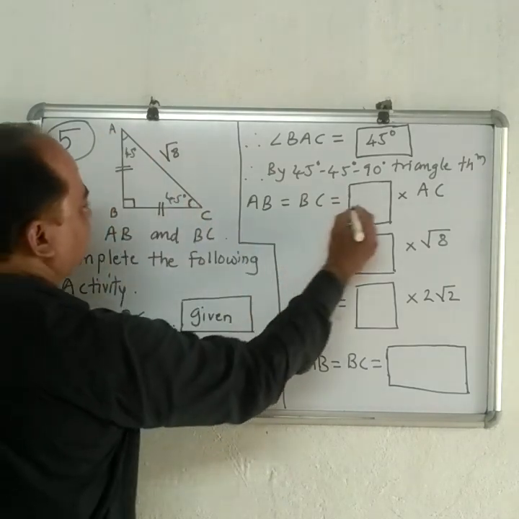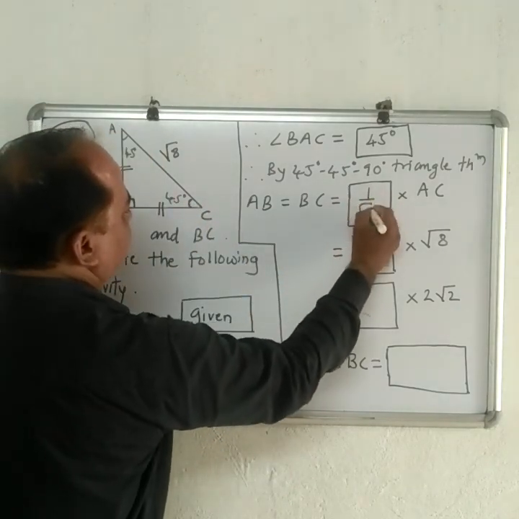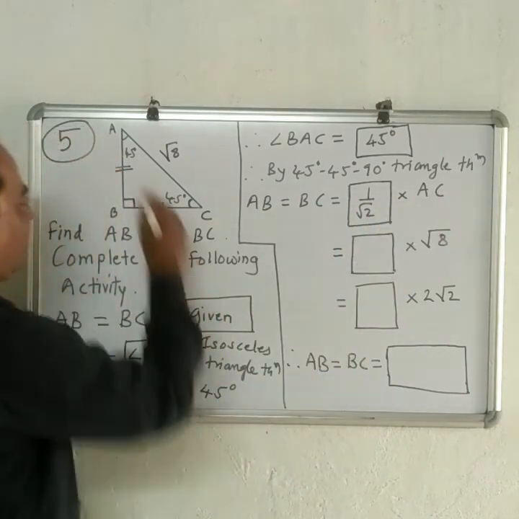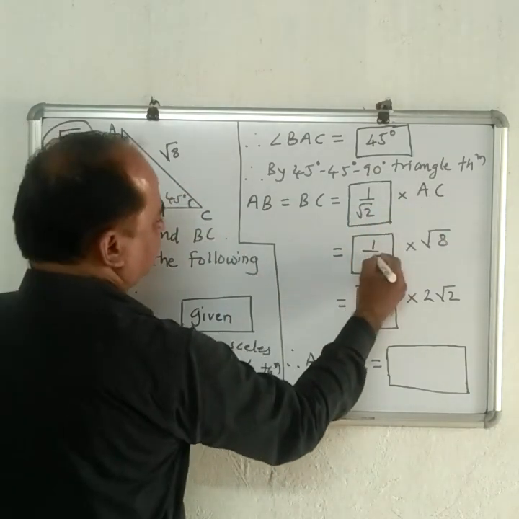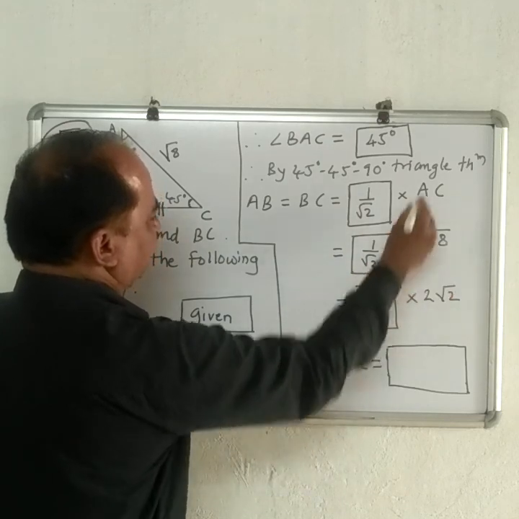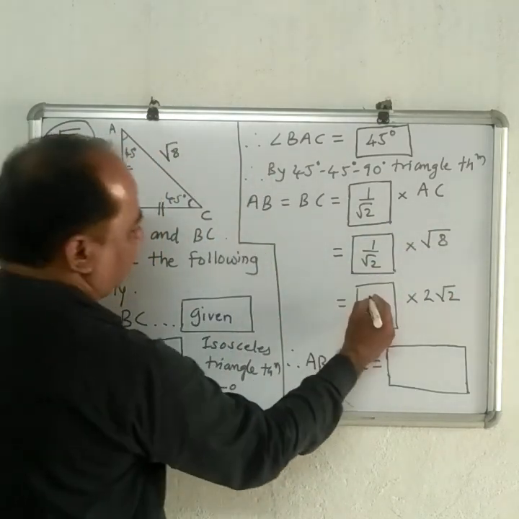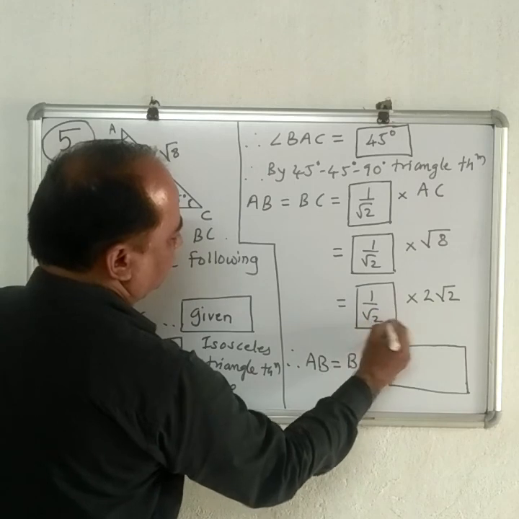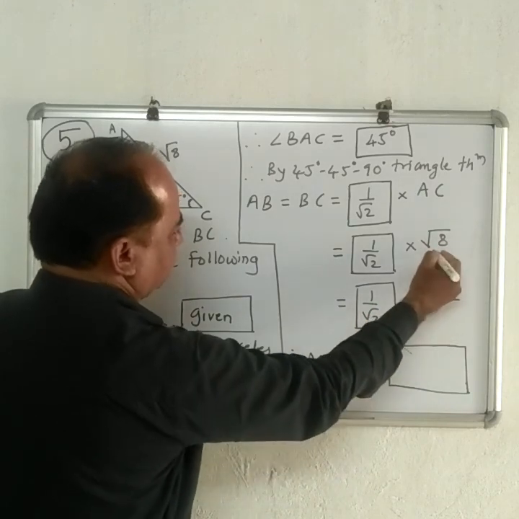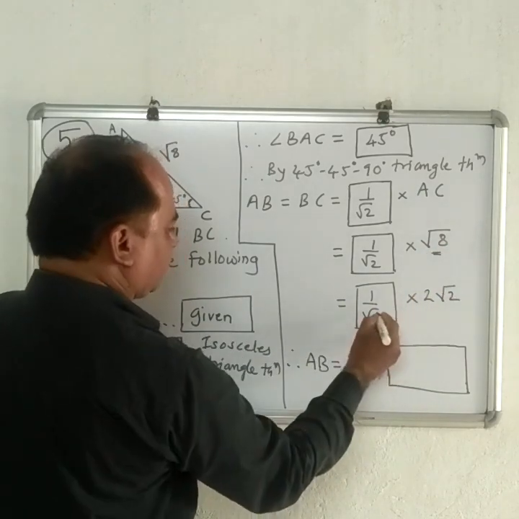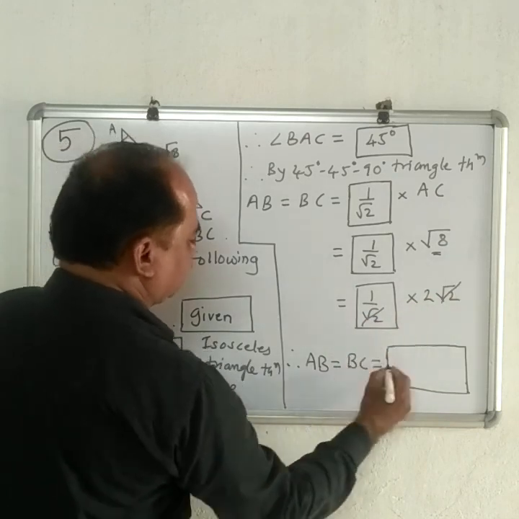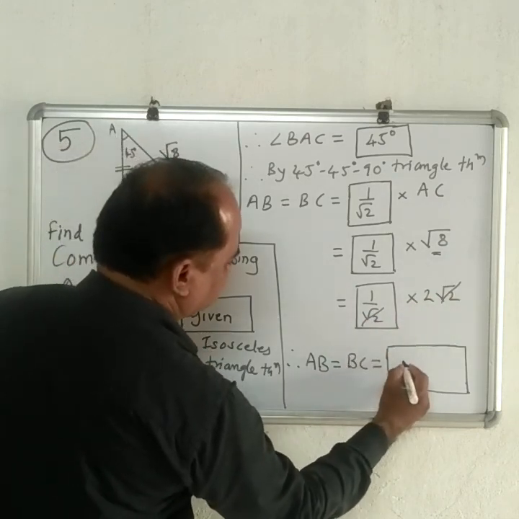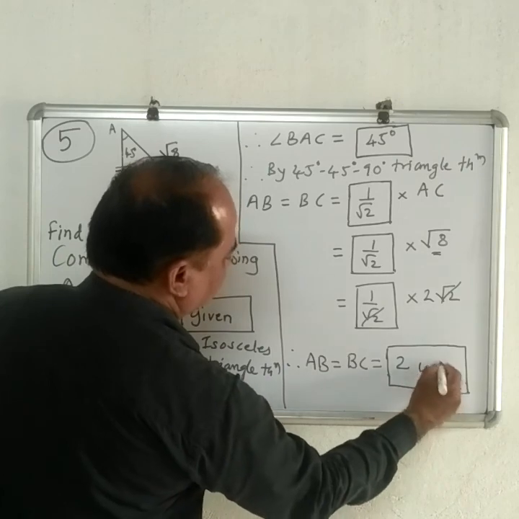So AB is equal to BC is equal to 1 upon root 2 into AC, the hypotenuse, that is 1 upon root 2 into root 8. AC is given root 8. Therefore, 1 upon root 2 into root 8 converts to 2 root 2. Root 2 will get cancelled. AB is equal to BC is equal to 2 units.